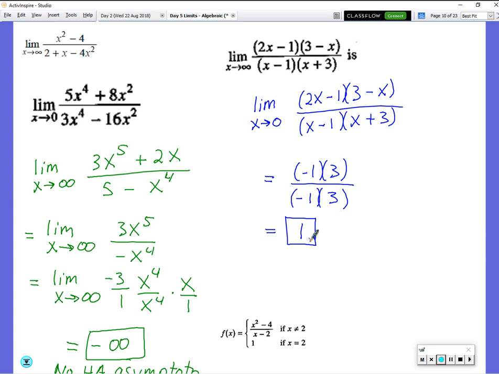No horizontal asymptote, well, okay, this function does have a horizontal asymptote, but we're not finding it because we're doing x approaching 0. It's when x approaches infinity that you're finding the horizontal asymptote. X approaching 0, you're not finding the horizontal asymptote. But I do want you to do, oh please, Tristan.